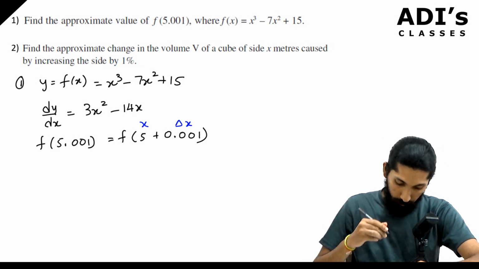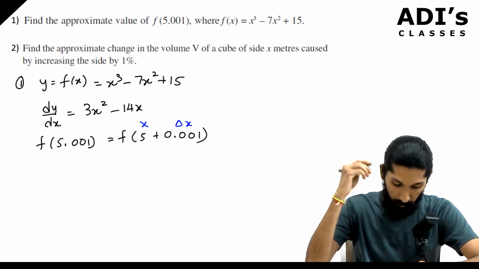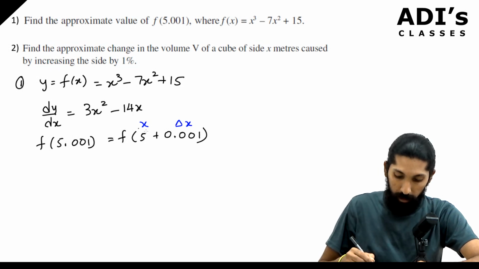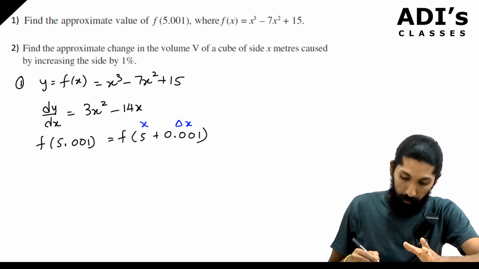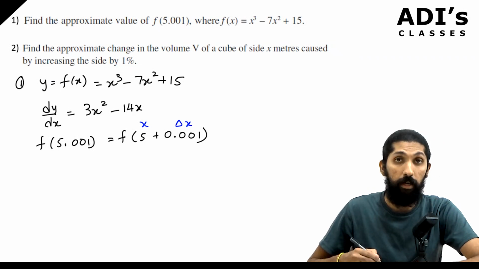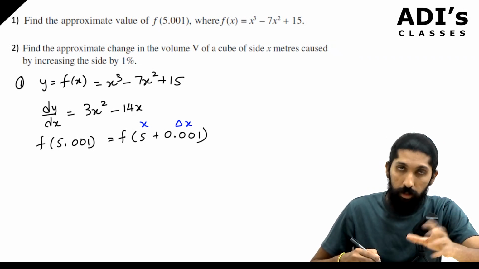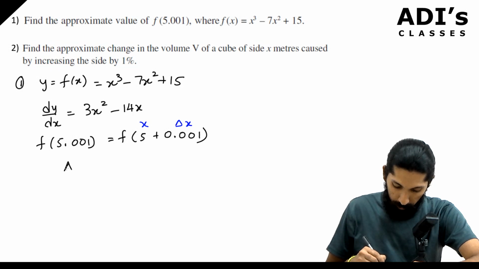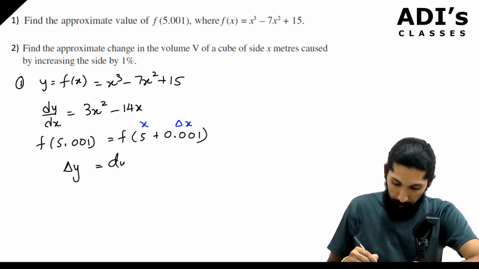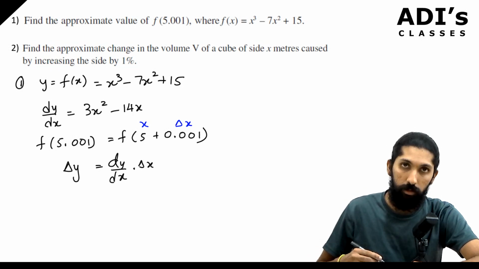See here, f of 5.001, you can call this as f of x plus this, right? But how do we calculate the delta y value, the change in the value? Delta y is dy by dx into delta x, right? You guys know this.